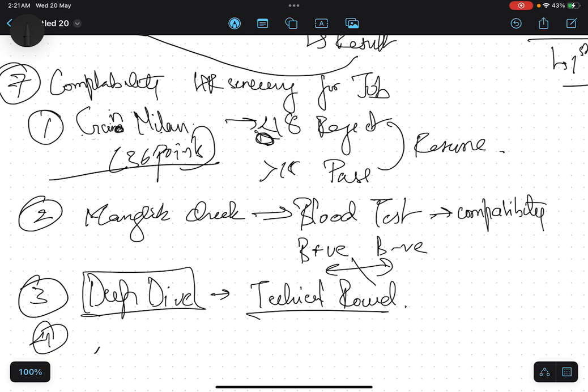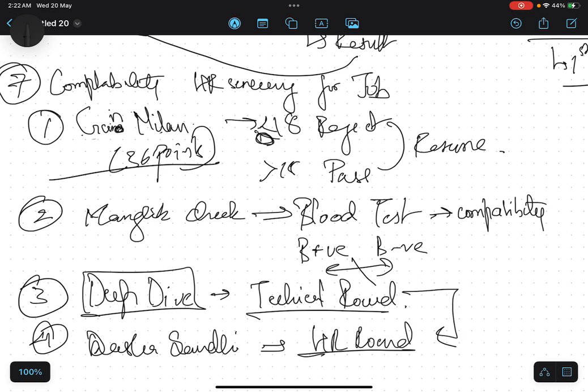And then finally, Dasha Sandhi. This is something to check whether you are currently okay to get married or into good relationships. This is more like an HR round, right? Even if you're very good technically, is the time right? It's something like that.